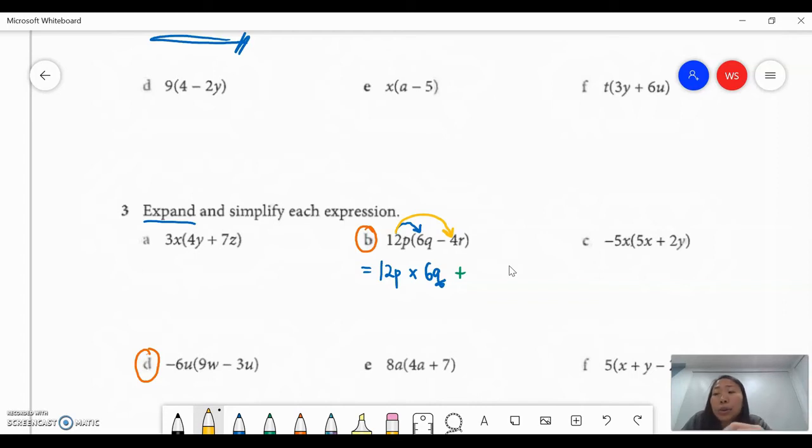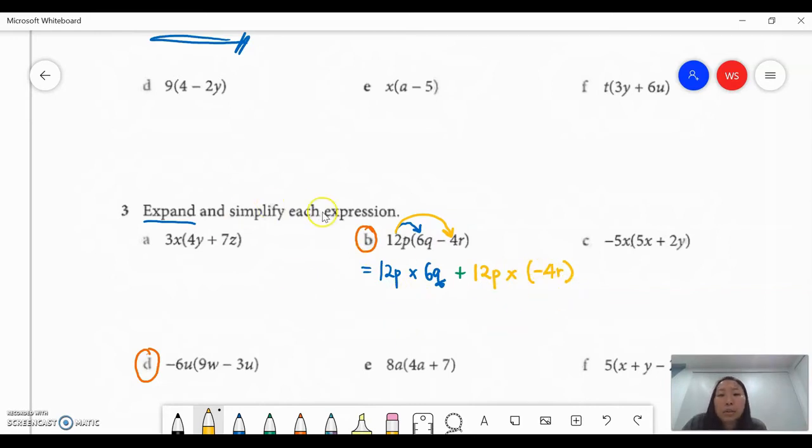If you notice there is a minus in front of your algebraic terms, this is taken as negative. So that will be 12p times negative 4r, and if you do have a negative, please always put that in brackets, so that when you multiply, your signs will change.